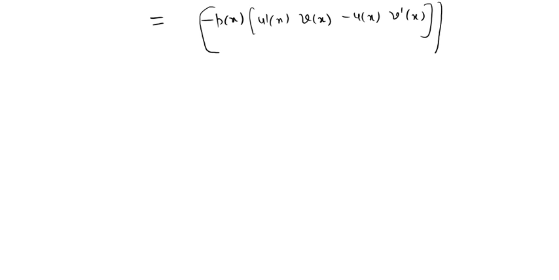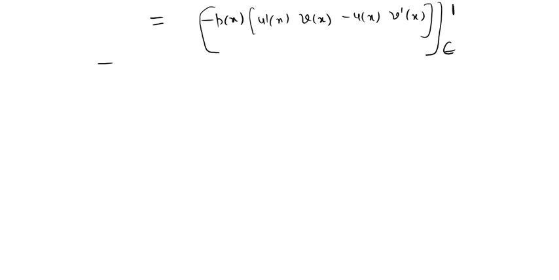So this will give you minus of p(x) times u'(x) v(x) minus u(x) v'(x), from epsilon to 1, so you need to fit the boundary condition.